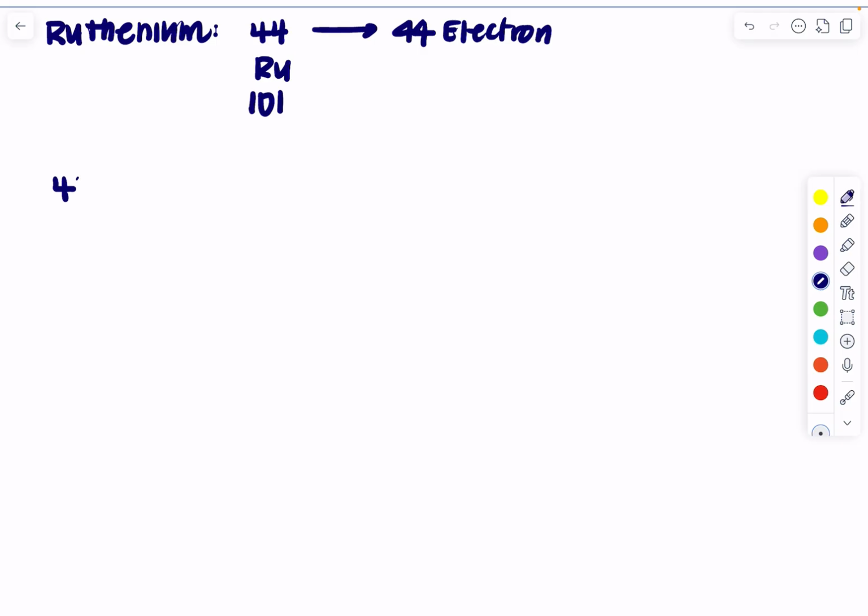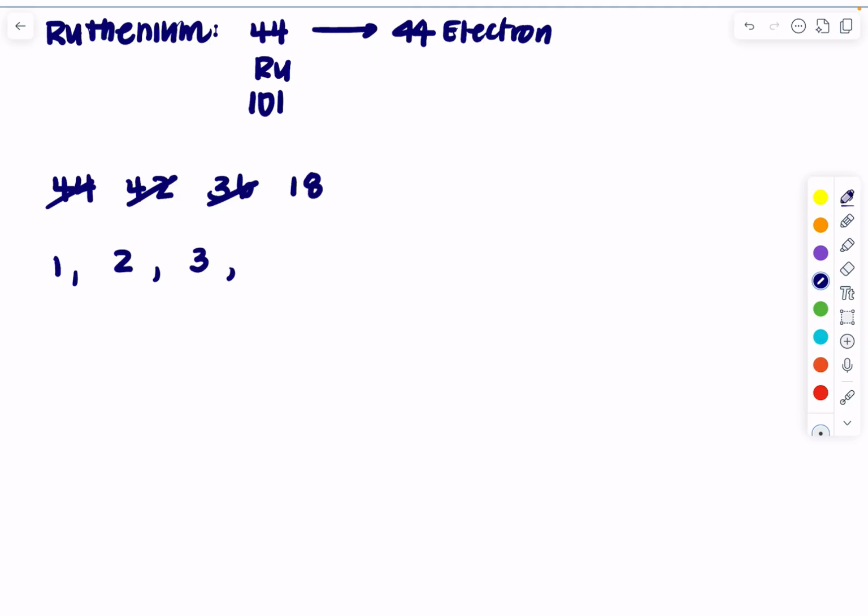So if we start at the top, the first 2 electrons will be in the first energy level. That's going to take us to 42. After that, in the second energy level, we have an s and a p orbital, which takes us to 8. So that'll be 36. In the third energy level, we can fit 18, which gives us 18 left.